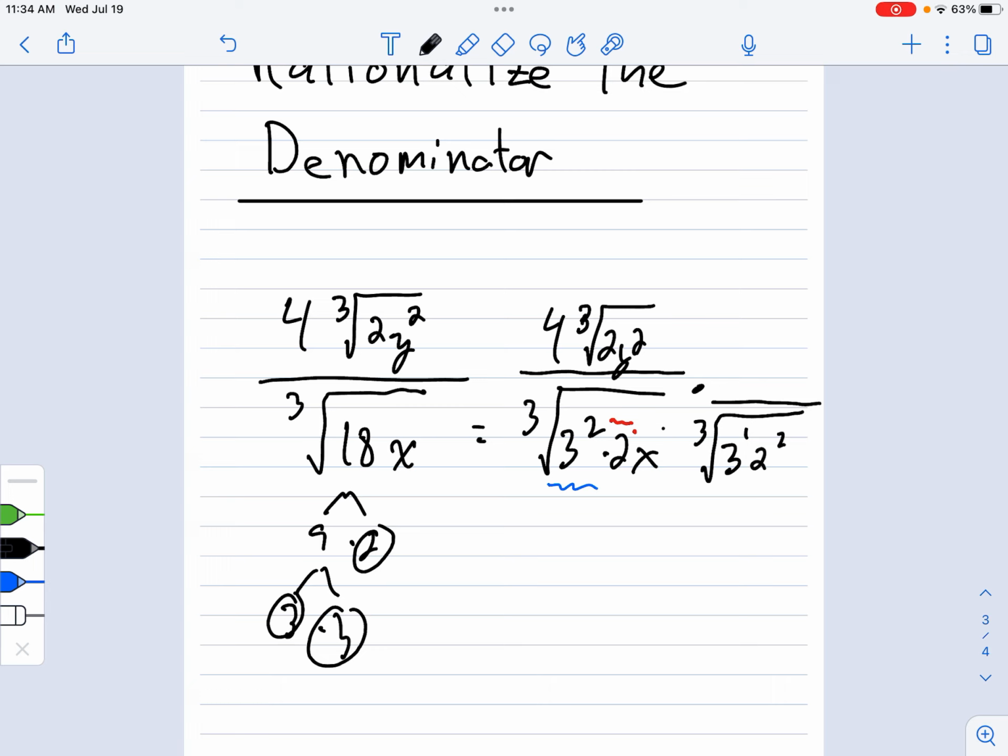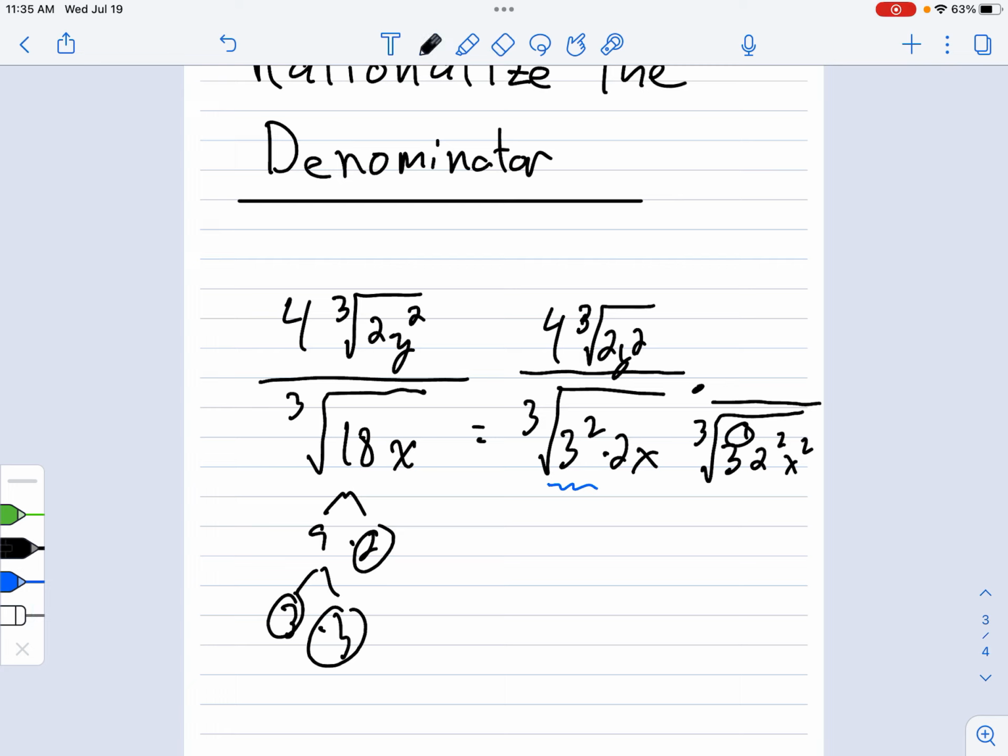And for the x, I have x to the first, and I'm going to multiply by x to the second. So this 2 and this 1 add up to 3, 2 and 1 add up to 3, and for the variables, 1 and 2 add up to 3. So again, you multiply by the exponent that's needed to give you the index.